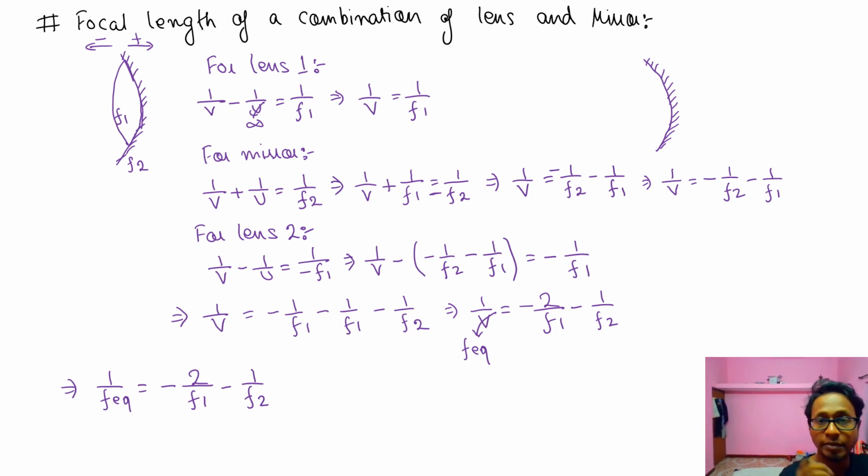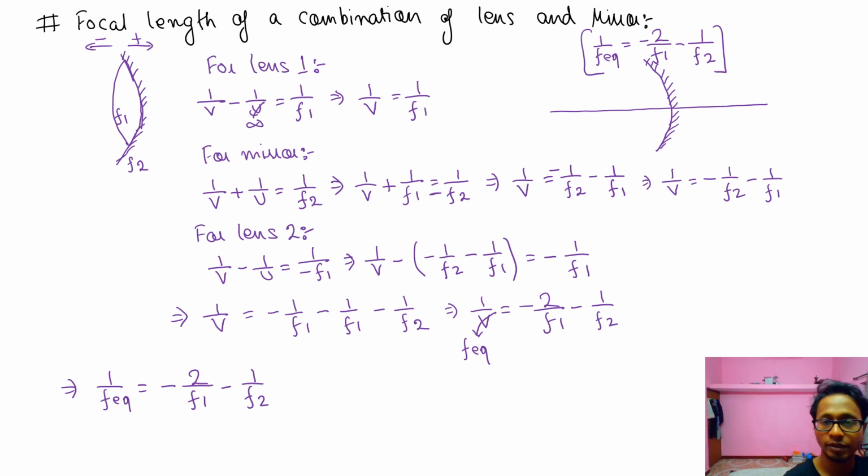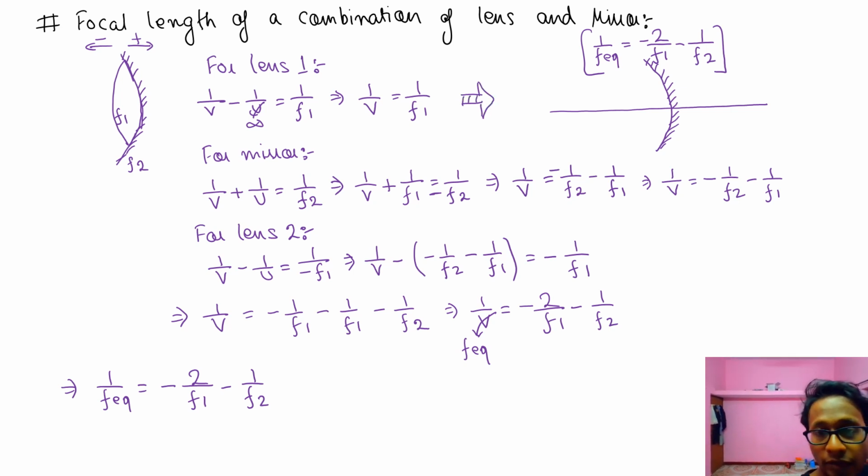The combination of lens and mirror always acts as a mirror, with 1 by f equivalent equal to minus 2 by f1 minus 1 by f2. So this is our f equivalent of the combination. Now this entire thing can be combined to form a mirror which has a focal length of this value.